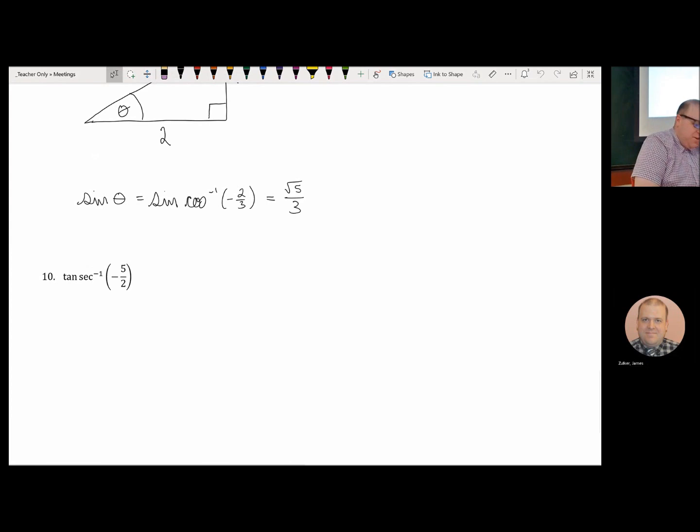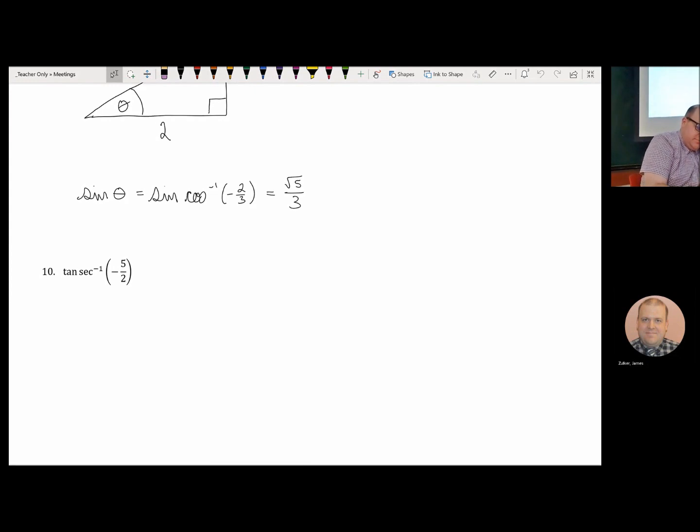Tangent of the inverse secant of minus 5/2. What is the range of the inverse secant?